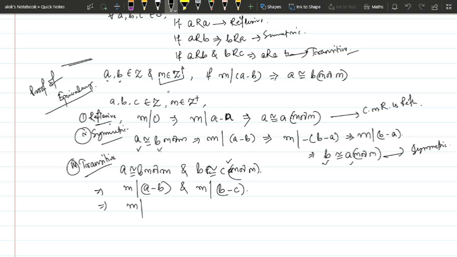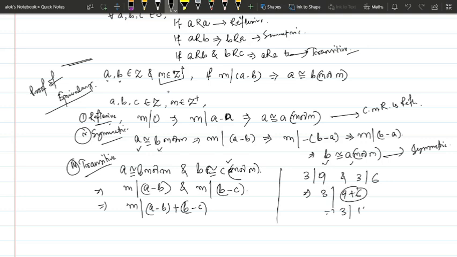So M is also a factor of the addition of these two numbers, A minus B plus B minus C. For example, we know that 3 divides 9 and 3 divides 6. This implies we can write that 3 divides 9 plus 6, that is 15.